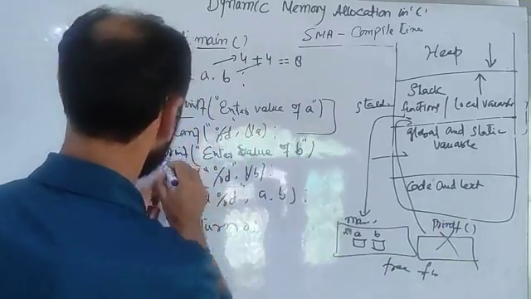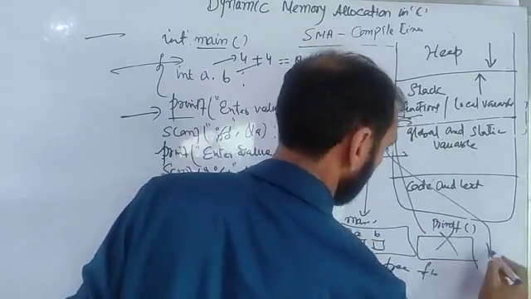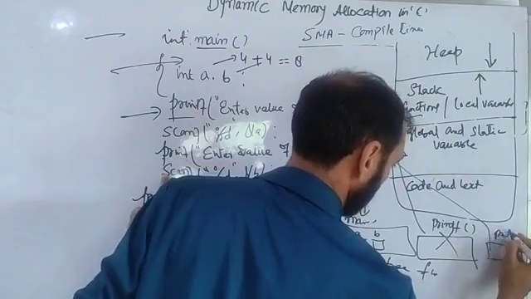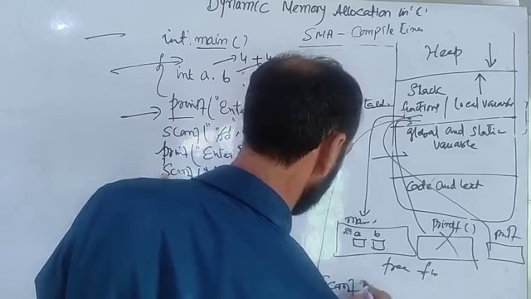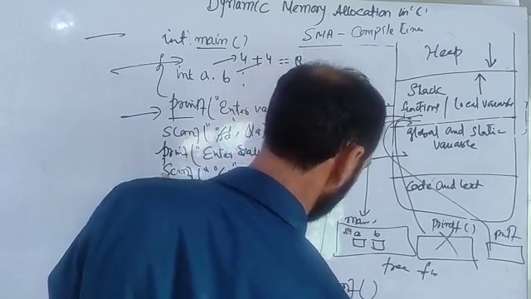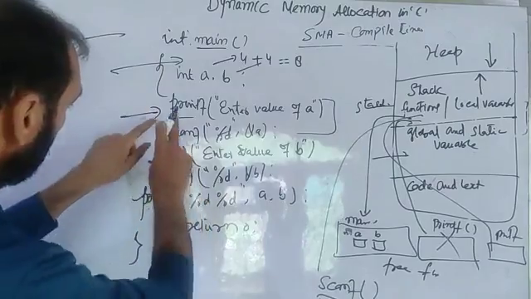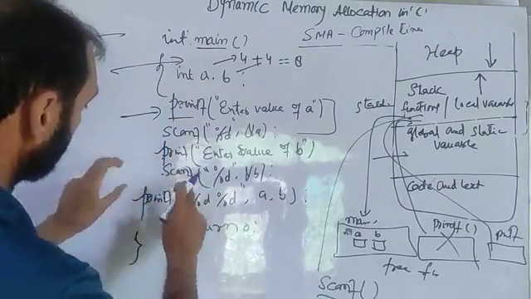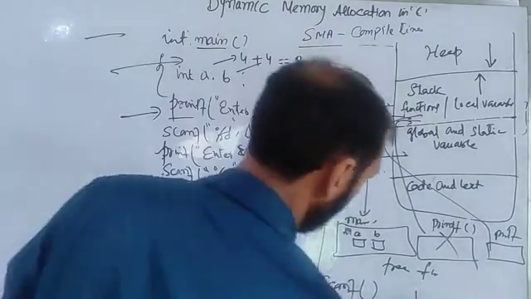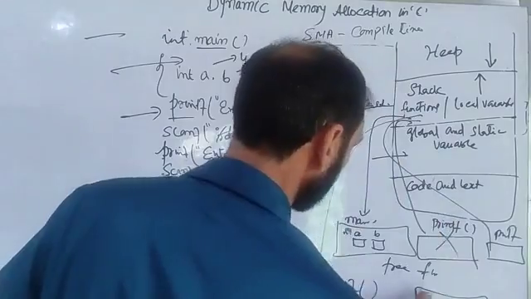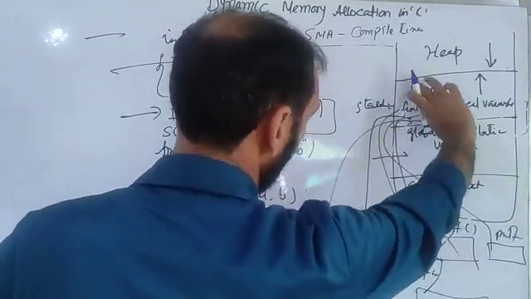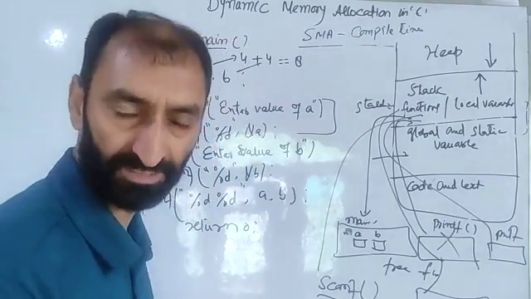After that, the next printf and the scanf. I have used printf, scanf, and the last printf, that means 5 functions, and the memory for these 5 functions is allocated from this stack only.